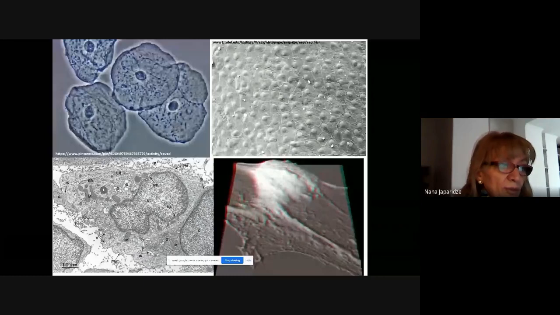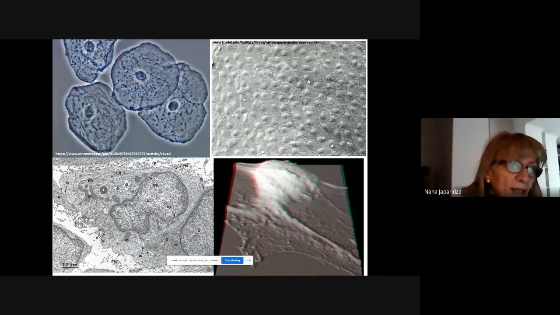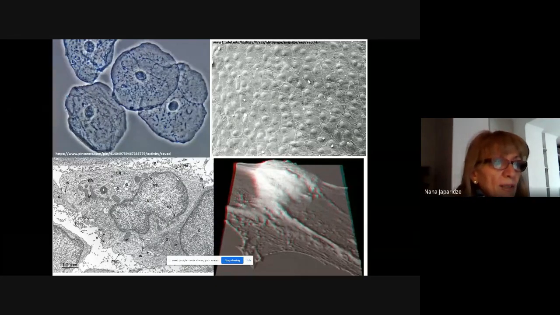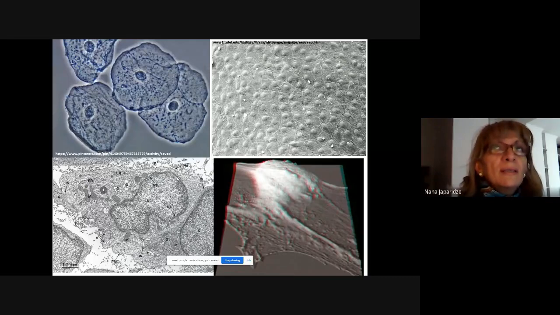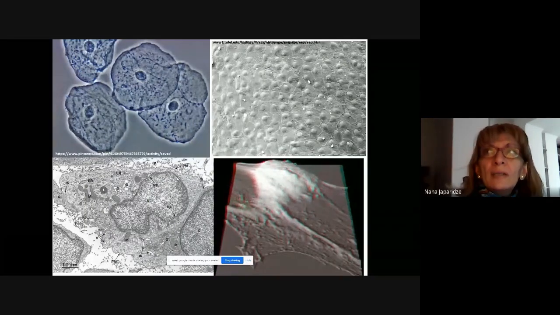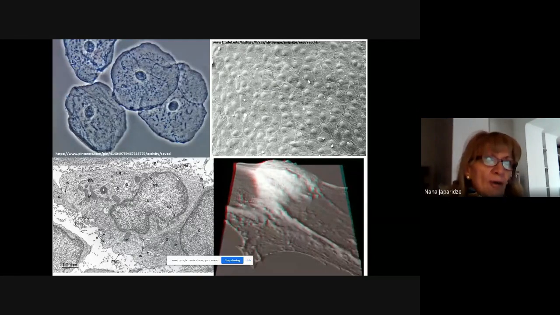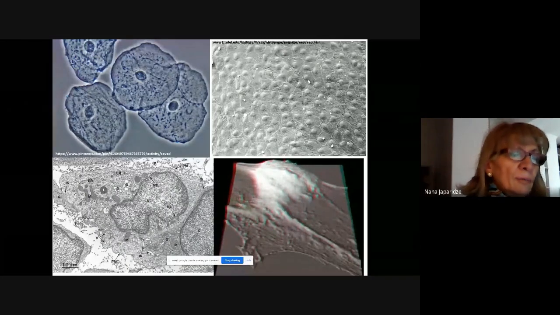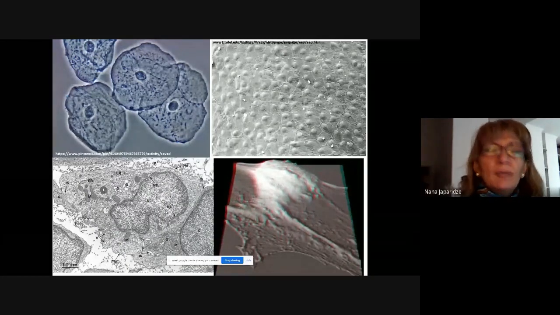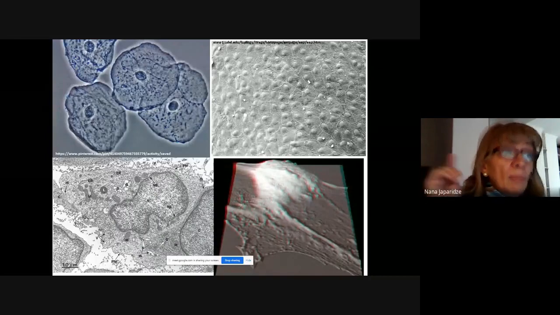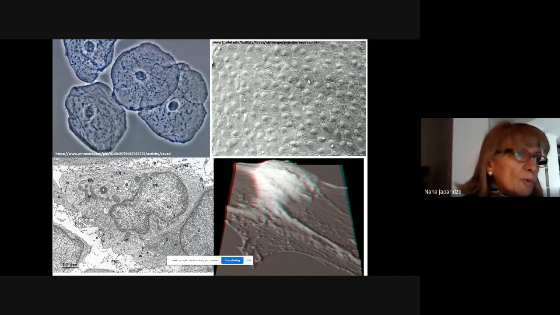With transmission electron microscopy, if you use small magnification, you can see the whole cell. It depends on the type of cell. For example, with pyramidal neurons or Purkinje cells, we are not able to see the whole neuron even with small magnification of transmission electron microscopy, but in light microscopy, of course we can.